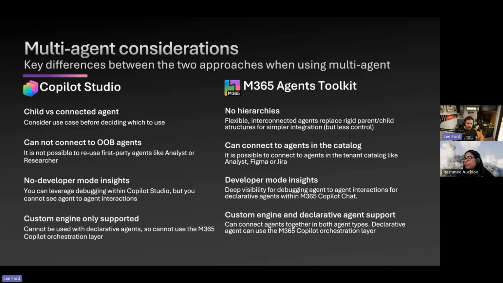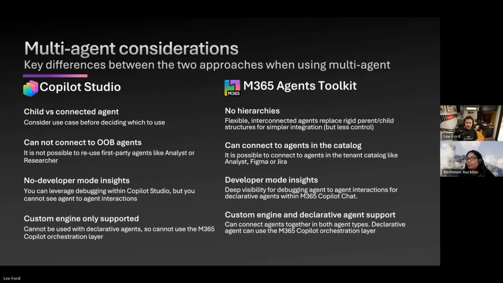With Copilot Studio, you can see what the agent's doing, but what you can't necessarily see is what the agents are doing between each other, how they're communicating. You don't see that in the same way. Whereas a custom engine agent is actually having a conversation like we would have. They're talking in natural language. And the other thing to point out is that in Copilot Studio, you have to use the custom engine agents. You can't use declarative agents to make connections between agents.